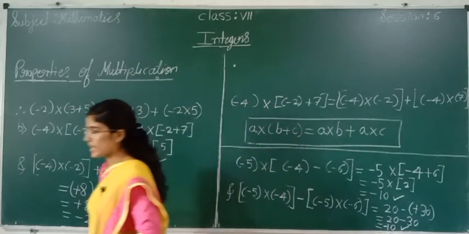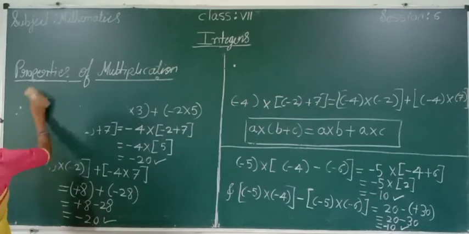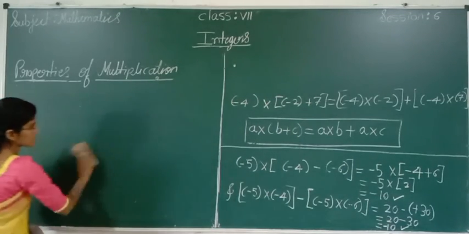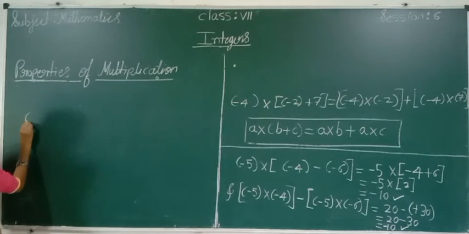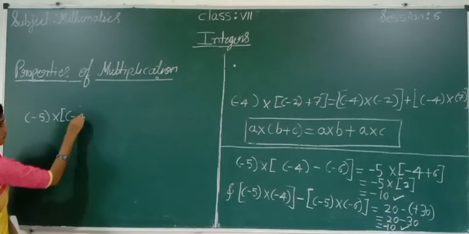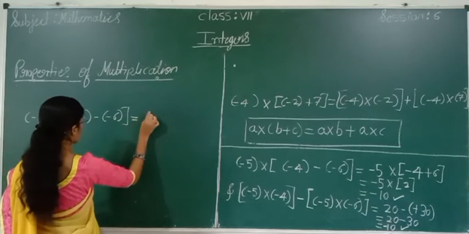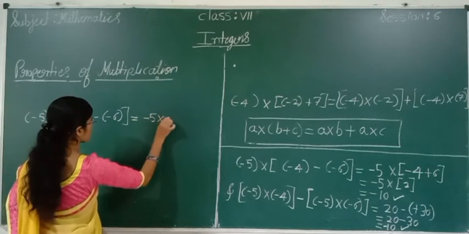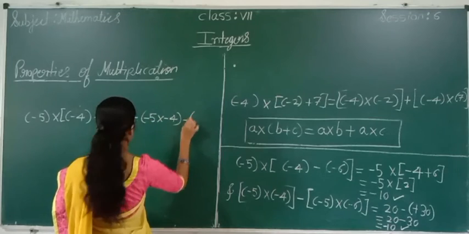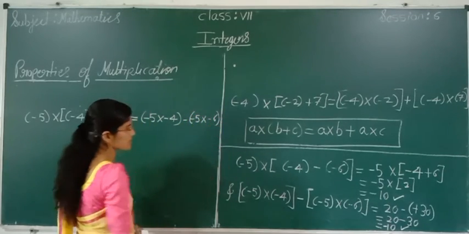Therefore we can tell that minus 5 into minus 4 minus of minus 6 is equal to minus 5 into minus 4 minus of minus 5 into minus 6.